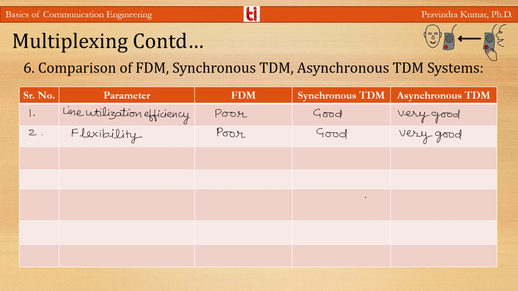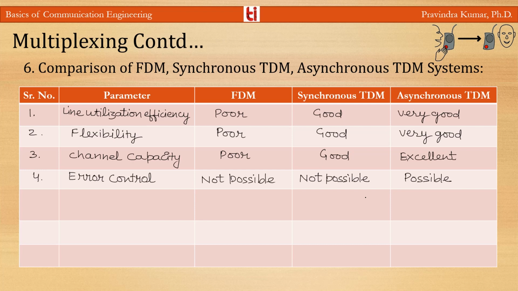And if we talk about flexibility, FDM is poor, but synchronous TDM is good from the flexibility point of view, and asynchronous TDM is very good. And if we discuss channel capacity, FDM has poor channel capacity, synchronous TDM has good channel capacity, and asynchronous TDM has excellent channel capacity.